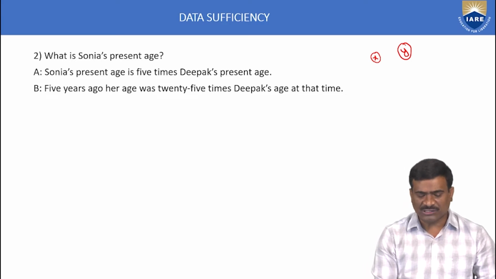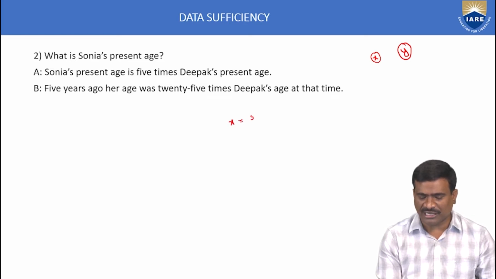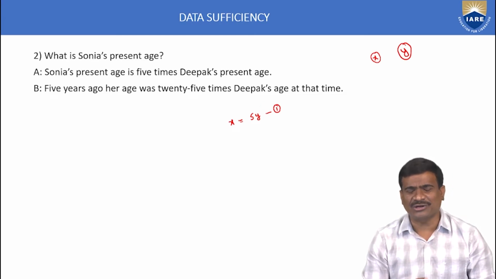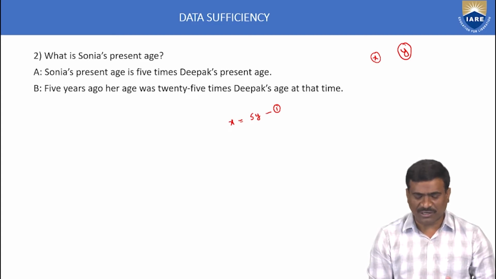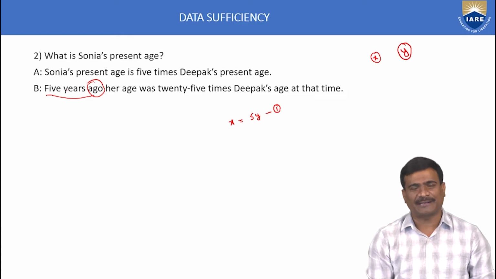Statement A. Sonia's present age is 5 times Deepak's present age. Statement A implies that x is equal to 5y. Statement A alone is not sufficient because there is one equation and two unknowns. Statement B implies that 5 years ago indicates the minus operator.